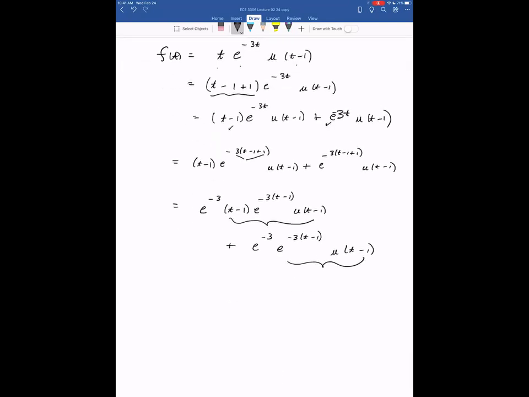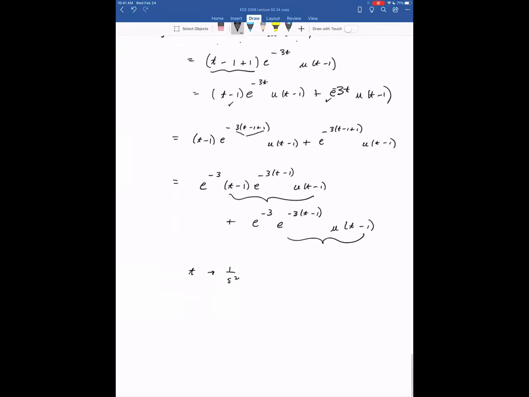So we know that the transform of t is 1 over s squared. And we know that when it's time shifted, we add that e to the minus s over s squared.